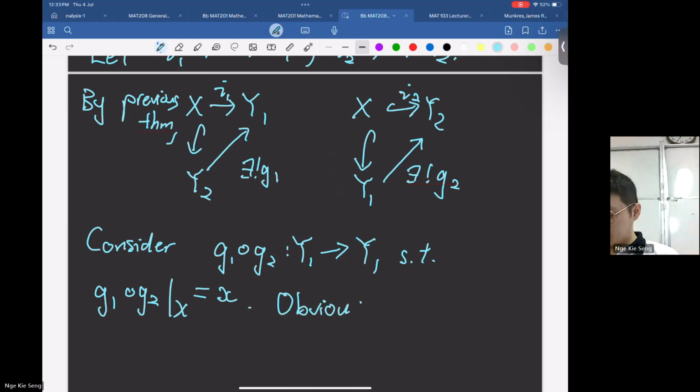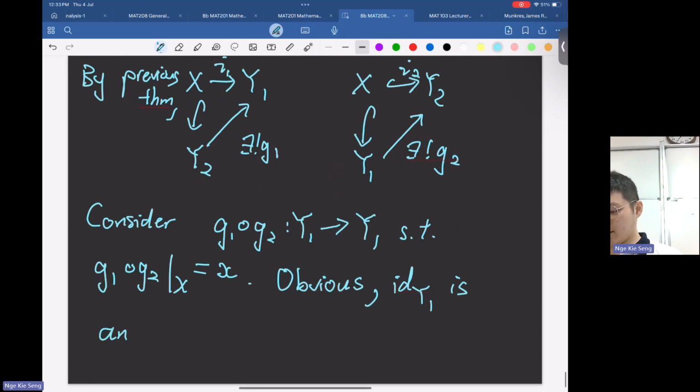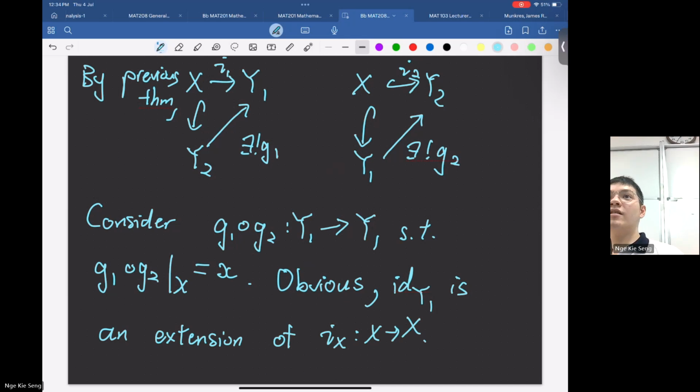Obviously, the identity map from Y1 to Y1 is an extension of the identity map from X to X. But the extension is unique.